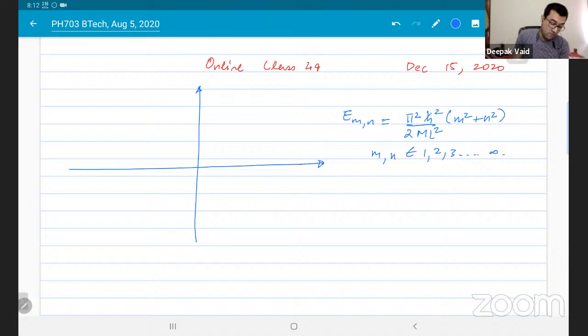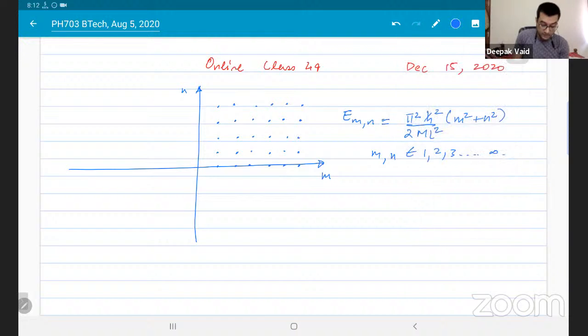Now, what do these states correspond to? Each of these points in this plane, where this is M and this is N, each of these integer points corresponds to a single value of the energy.